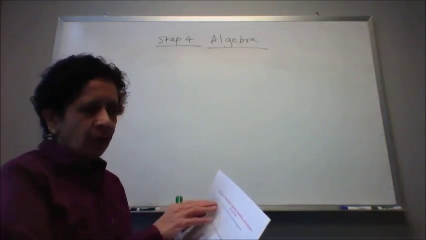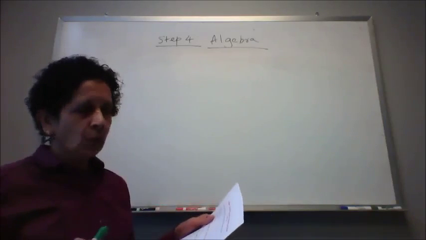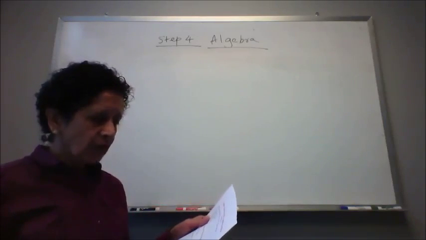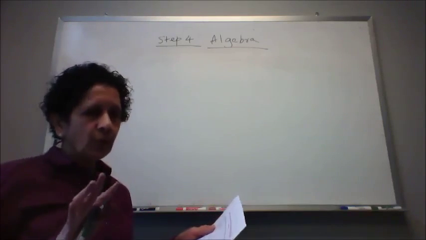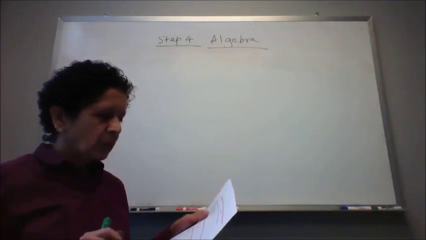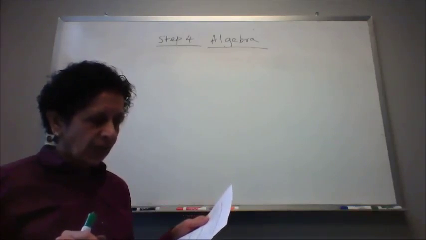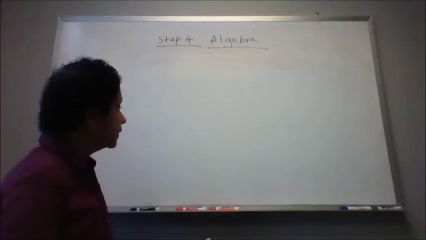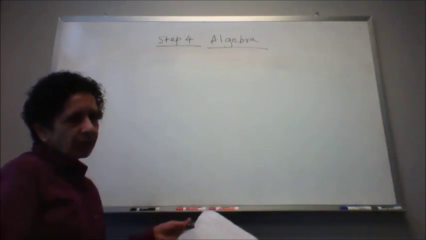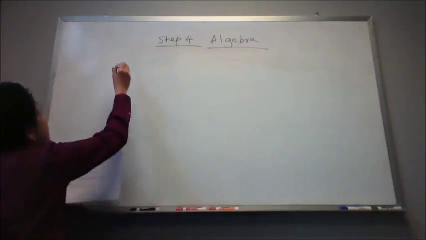The first application problem says Anne has 14 coins in quarters and dimes. You don't know how many quarters or how many dimes. Totally, she has 14, and it's worth $2.30. How many coins of each does she have? A lot of times on the test they want to make sure that you are able to set it up.